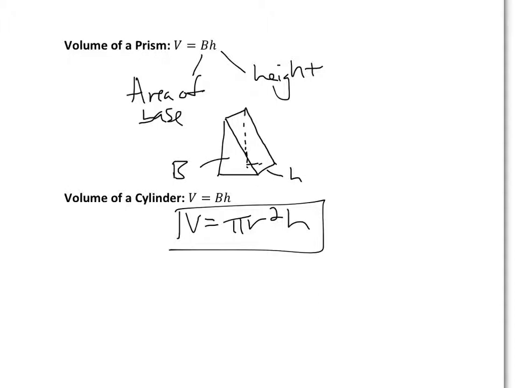With these, it doesn't necessarily have to be the top and bottom. So that's also a cylinder. Now you find the area of the base: the front is the base, and the distance between the front and the back is the height. That's it. I'll show you a couple examples.